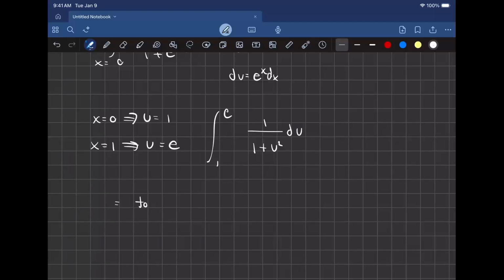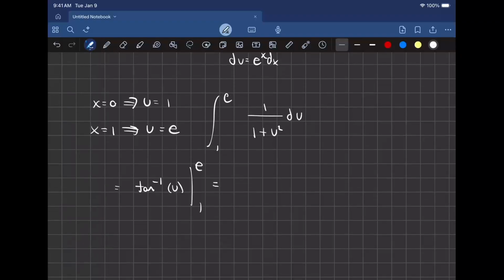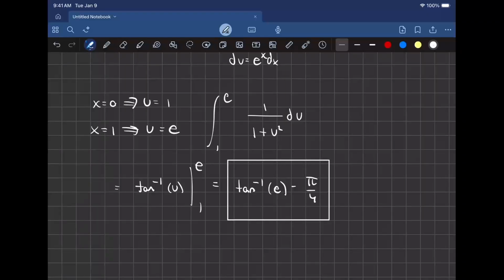This is just inverse tan of u evaluated from 1 to e, since we already changed our bounds. So this gives us tan inverse of e minus tan inverse of 1, which is pi over 4. So tan inverse of e minus pi over 4.